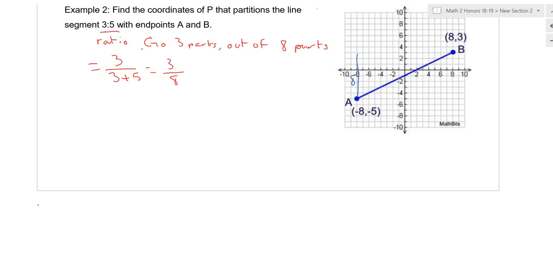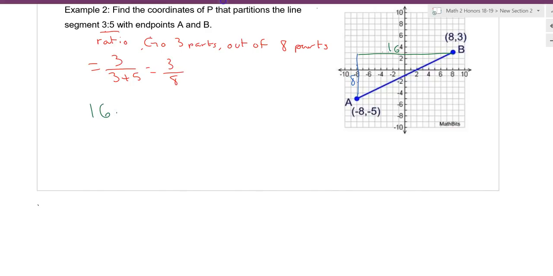And then how far over we go: 6, 7, 8, 9, 10, 16. So we have 16 times that 3/8.